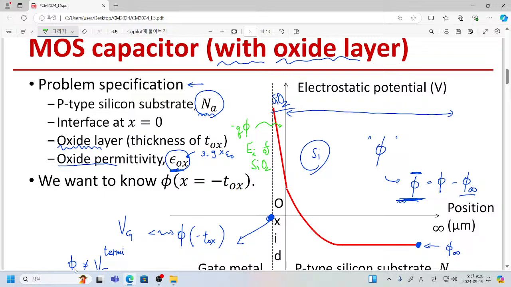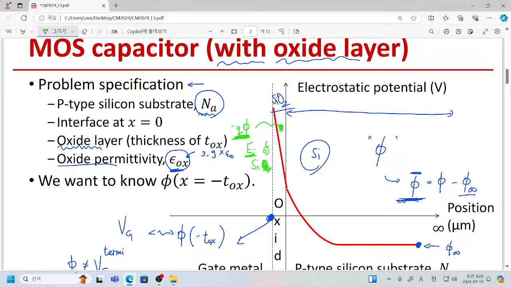So are you with me? Although this point belongs to the oxide layer, there is actually no silicon at all. There is only silicon dioxide. However, your electrostatic potential should point out the intrinsic Fermi level of not silicon dioxide but silicon.